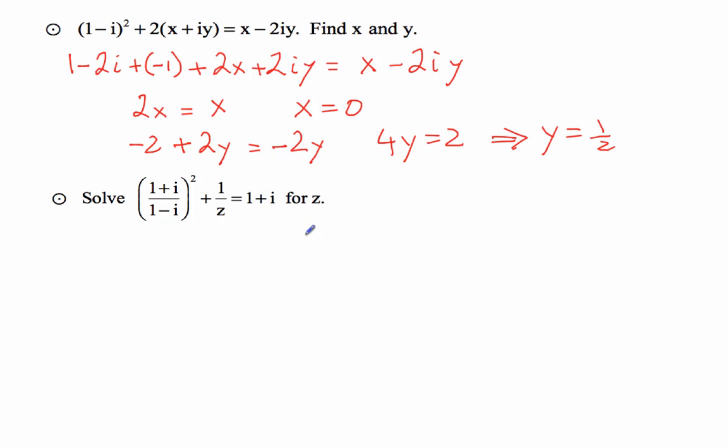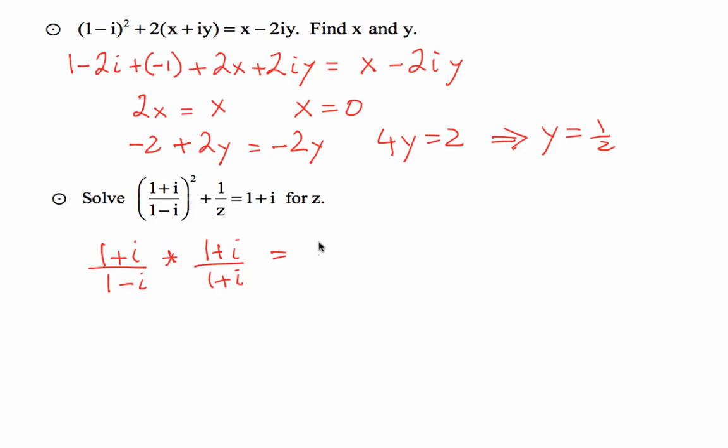We'll use the same principles for solving this equation for z. But first, let's take (1 plus i) over (1 minus i) and simplify this a bit. To do that, let me multiply by (1 plus i) over (1 plus i). That's to make the denominator real.